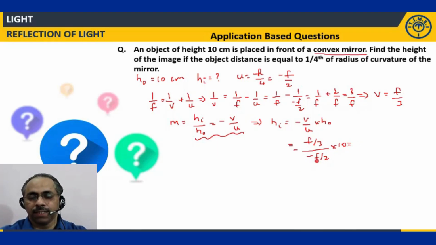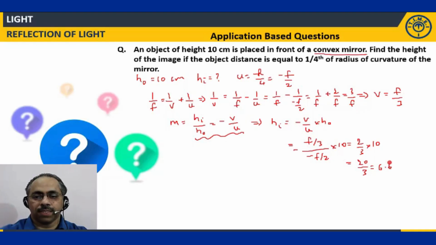So if I simplify it, I'll be getting it as 2 by 3 into 10, which is nothing but 20 divided by 3. Okay, that is 6.6 bar centimeter. I can write it as, okay, 6.67 centimeter I can take it.